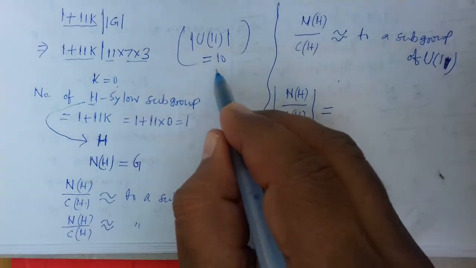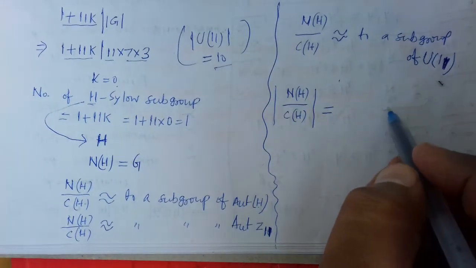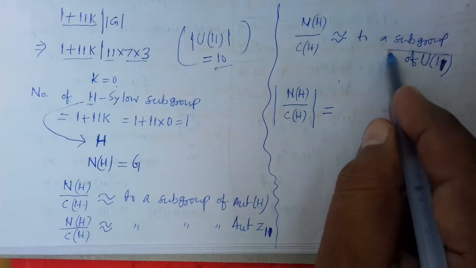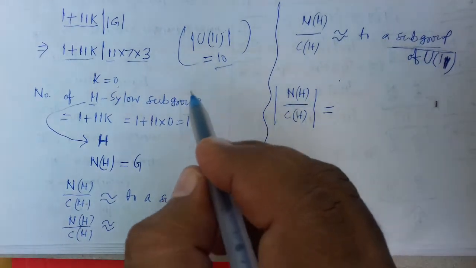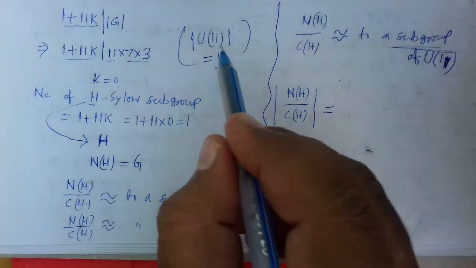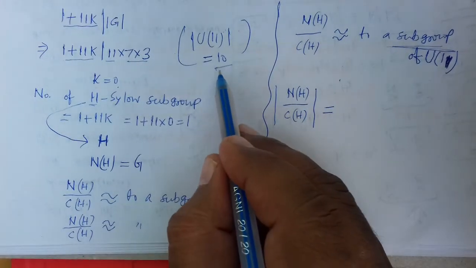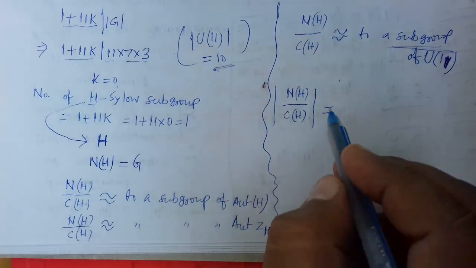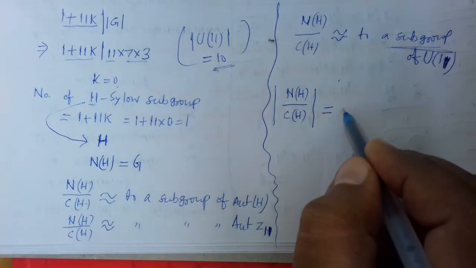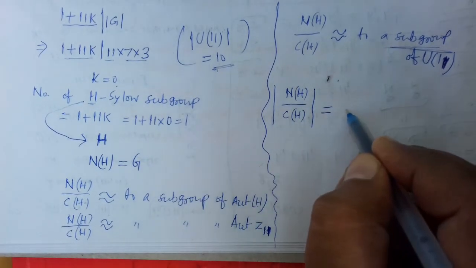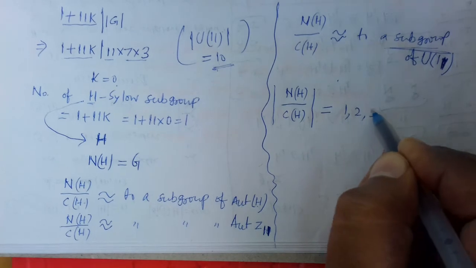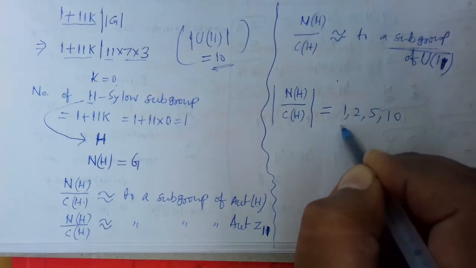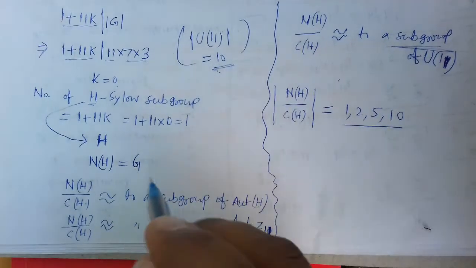So a subgroup of this U11 will have order dividing 10, that is the order will be 1, 2, 5 or 10, because these four numbers are divisors of 10.